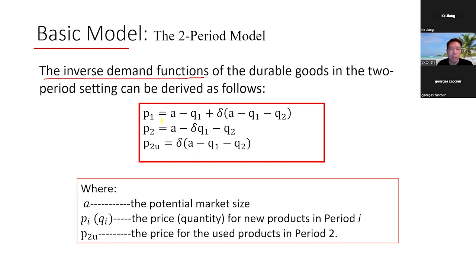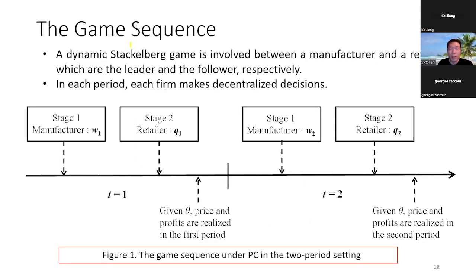So this is the demand function for 2 periods, okay? I'm not going to go into the details, but if you are interested, you can check it out and we can discuss. So let's talk about the game sequence. We assume there's a dynamic Stackelberg game between a manufacturer and a retailer.